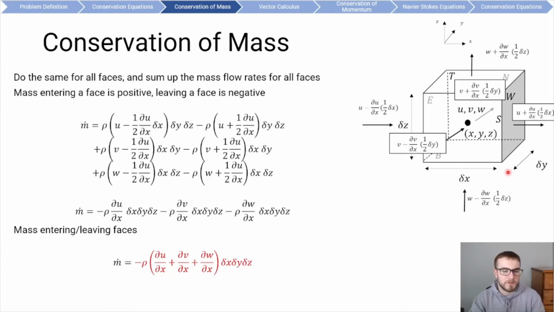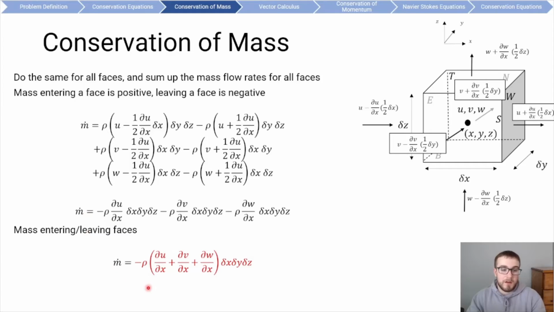So following this process for every face of our fluid element and summing them all together, where we use a plus sign for mass coming into our fluid element and a minus sign for mass leaving our fluid element, we can come up with this expression for the total rate of change of mass of our fluid element. So this is due to the mass entering or leaving the fluid faces.